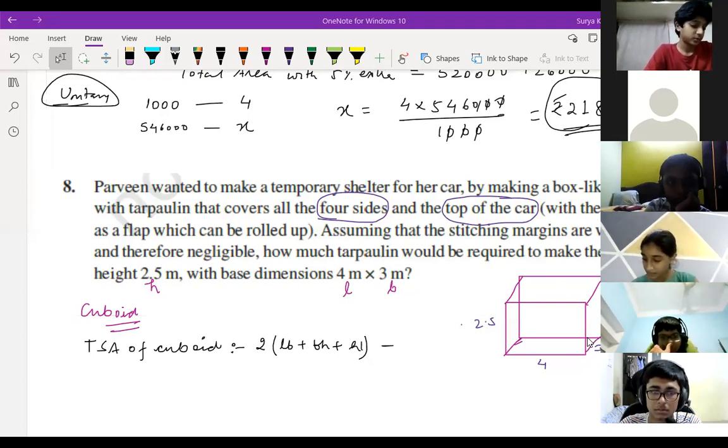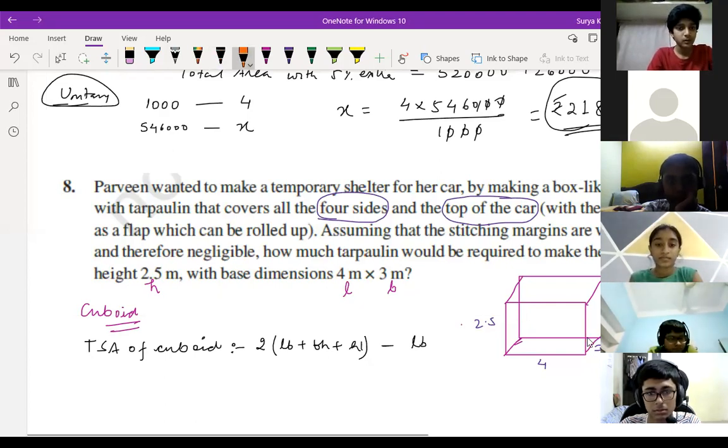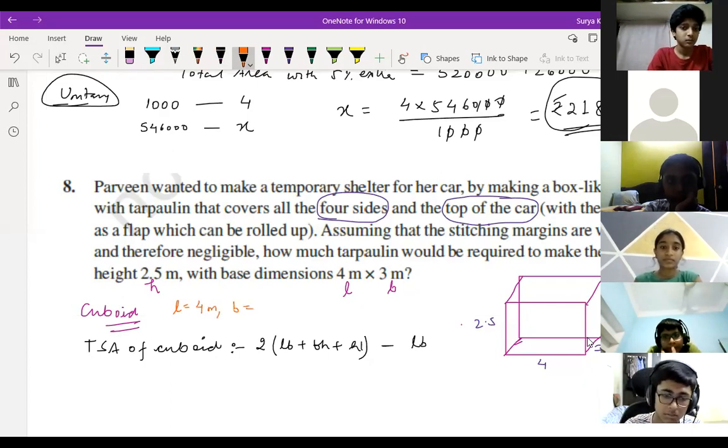So what we need to do, children, is subtract the base part, which is length into breadth, right? We are not using tarpaulin over there. Is it clear to everyone, children? Yes, sir. So we write here: length is equal to 4 meters, breadth is equal to 3 meters, and height is equal to 2.5 meters.